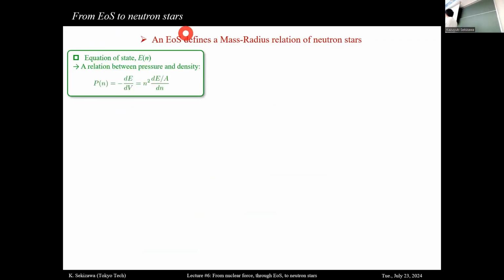Here, I just remind you, the equation of state is nothing but the dependence of energy on the density. And through this simple thermodynamic relation, we can get the density dependence of the pressure of the system. So by having the equation of state, you can get this P of rho, the pressure.